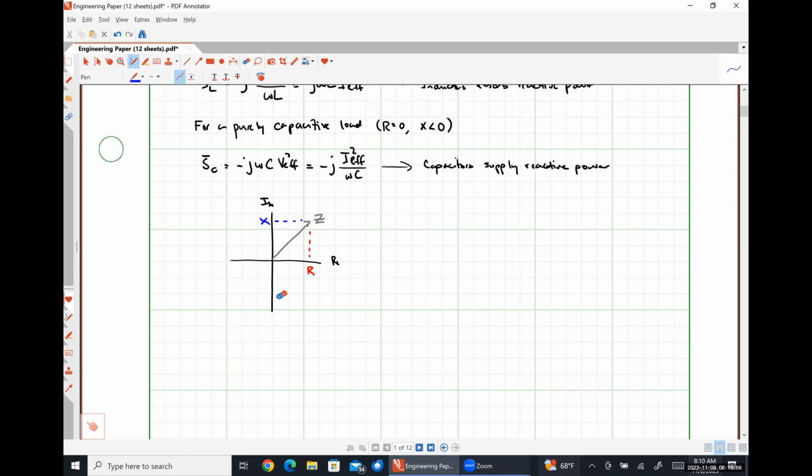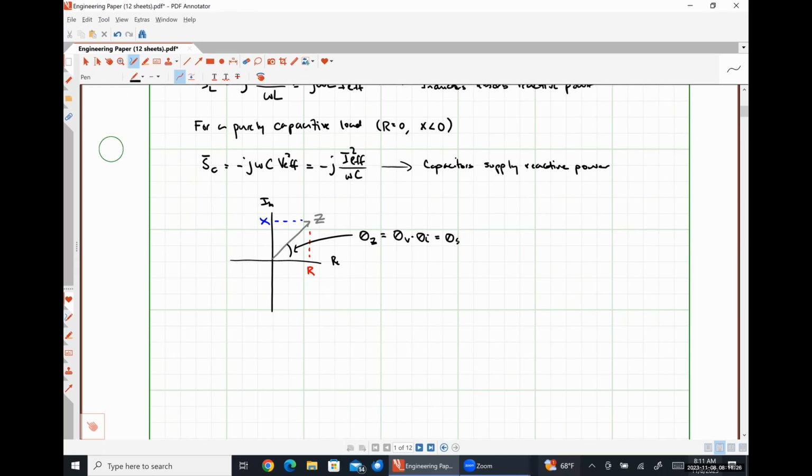One thing that I want to point out just really quickly while I have this graph up, I'm not sure that I've mentioned it to this point. We know that the angle theta z is equal to theta v minus theta I. This is the exact same definition as our power factor angle, theta s.